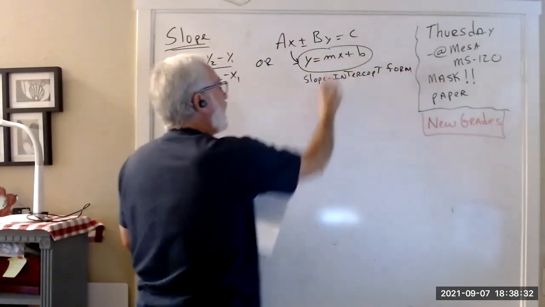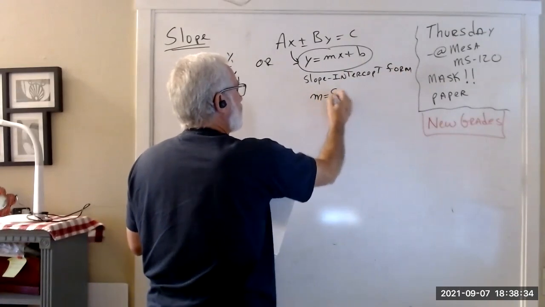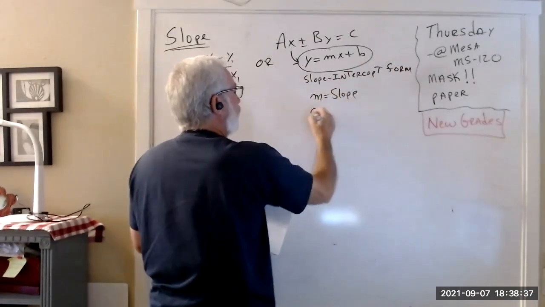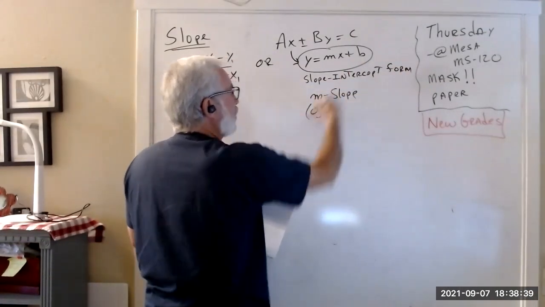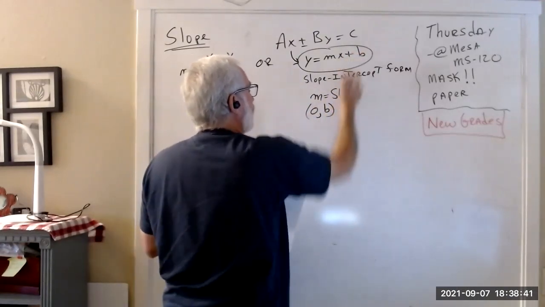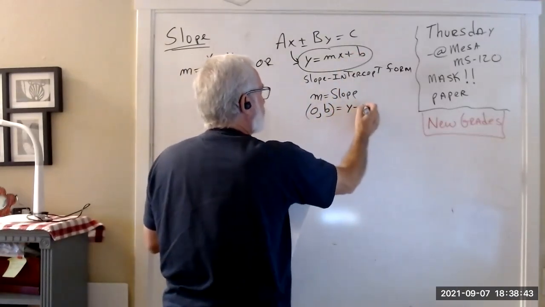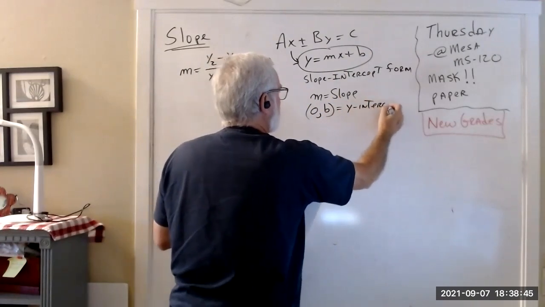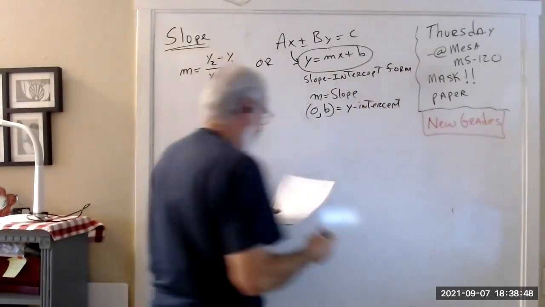When you read that, m is the slope and (0, b) is the ordered pair, where that number is the y-intercept. That's a real quickie review.